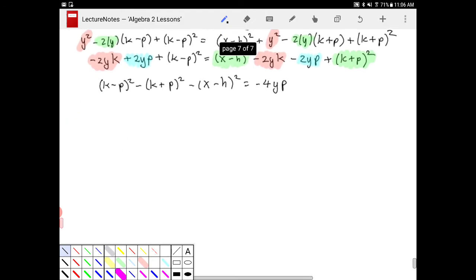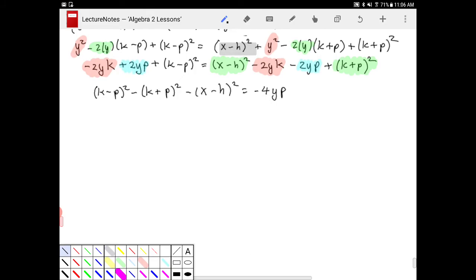And then from here, I am going to FOIL out the k minus p and the k plus p, because there are going to be terms that we can eliminate. So that's k squared minus 2kp plus p squared minus k squared plus 2kp plus p squared.